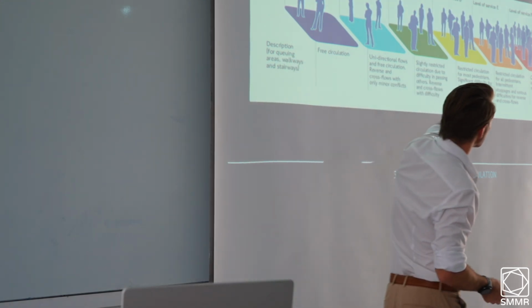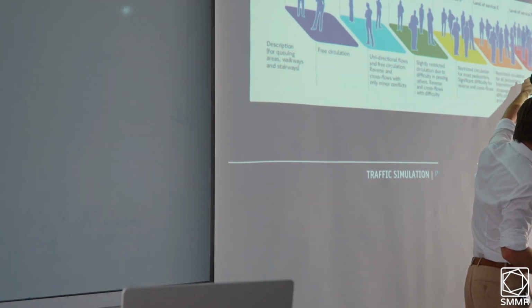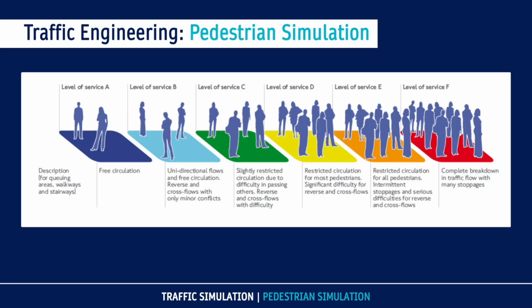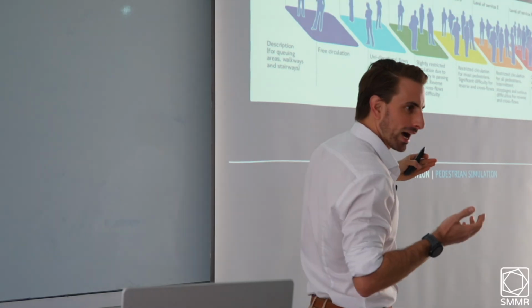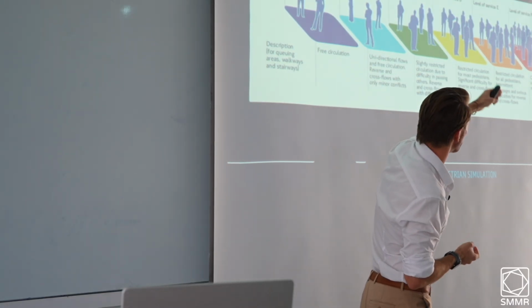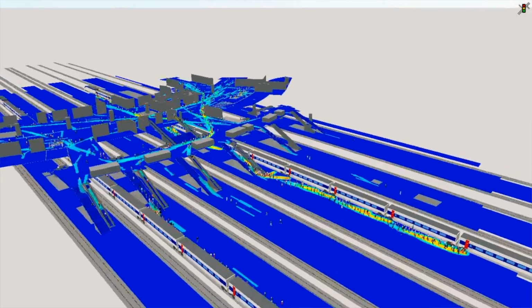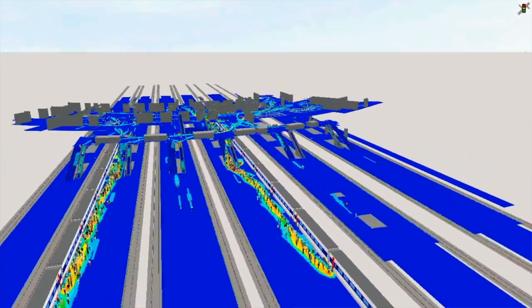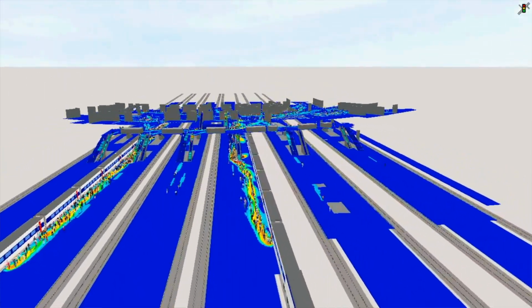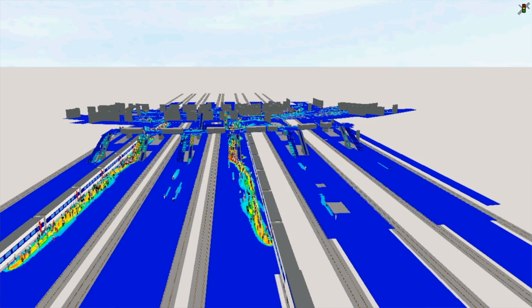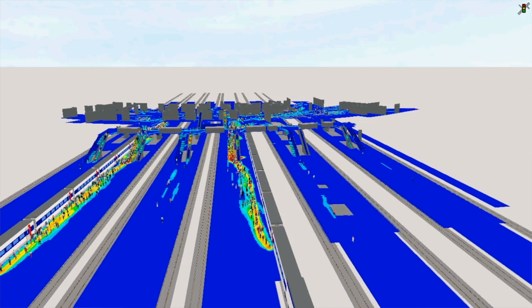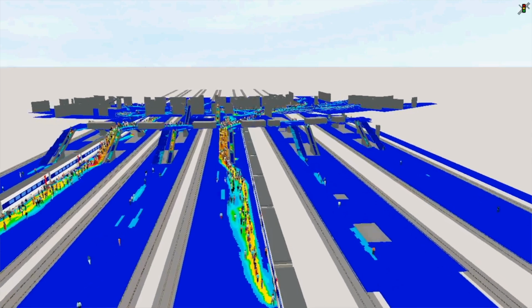If you're in a very busy space and there's too many people and you can't properly walk, that would be a level of service F. And when we design infrastructures during peak hour, we should avoid F, probably avoid E, and worst case D, but aim for level C.